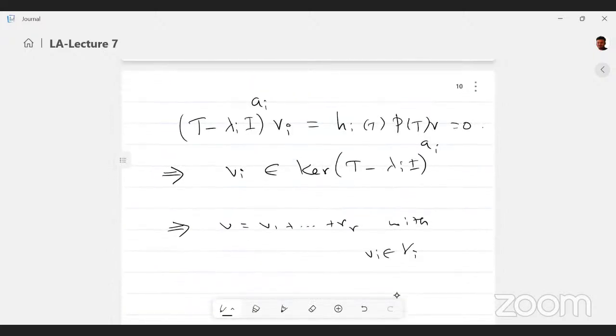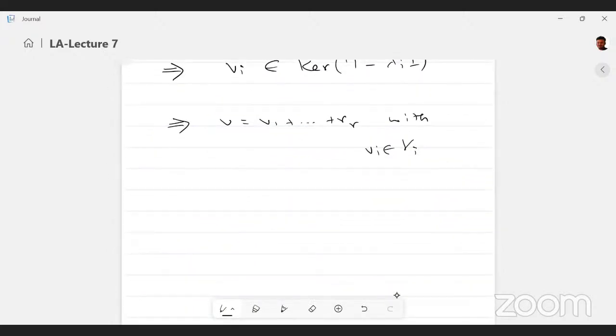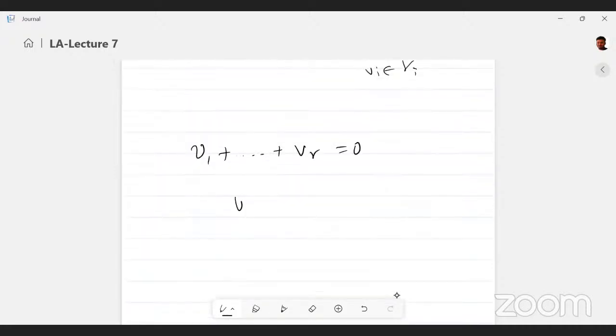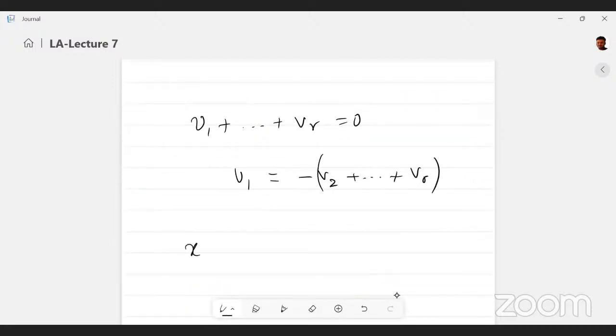Okay, so this is just playing with suitable polynomials. So for the second statement, what you need to do is take, for example, a relation like this: V1 plus etc. plus Vr equal to 0. So for example, you write V1 equal to minus V2 plus etc. plus Vr. And then take these two polynomials, x minus lambda 1 power a1 and F1 of x.